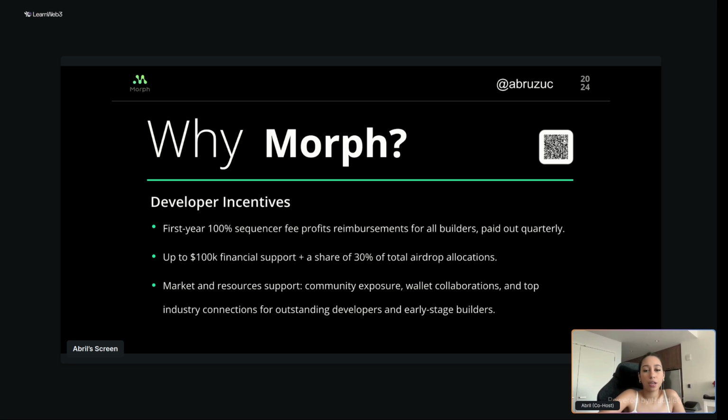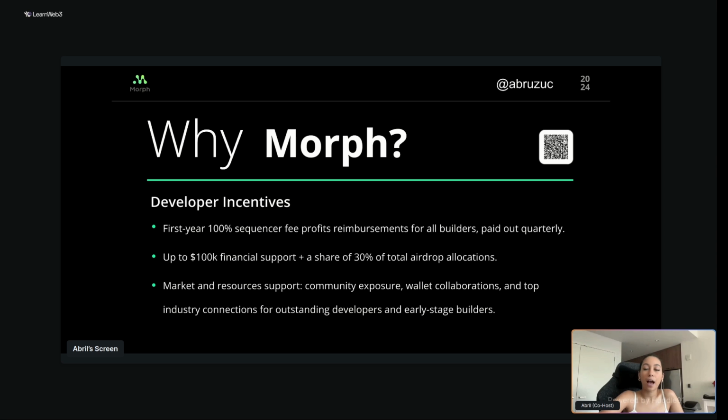For developers, this is a really good deal because, as well as ecosystem incentives, we have developer incentives. In the first year of building on Morph, we give you 100% of sequencer fee profits, and we pay you quarterly, so you don't have to pay the fee.